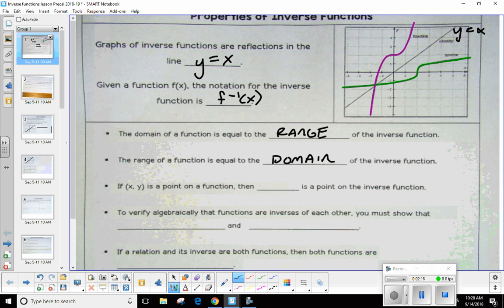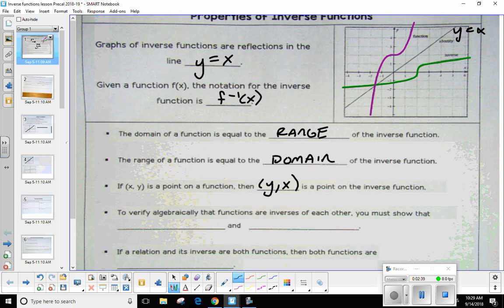All right, if x, y is a point on a function, then y, x. Yes, and that is the core idea when we're talking about inverses. Elements of the domain, your x values, become the y values. So elements of your range, the y values become the x's. You simply swap them. And that makes sense when you take a look at the reflection that we just had.